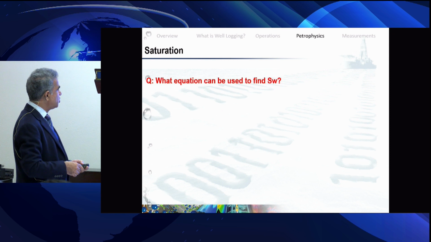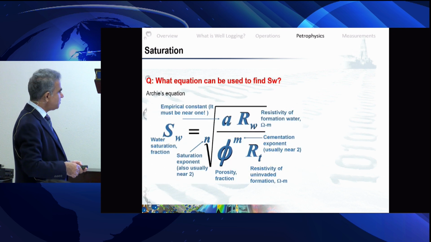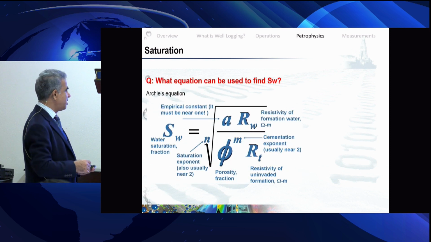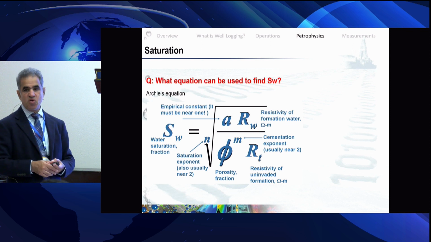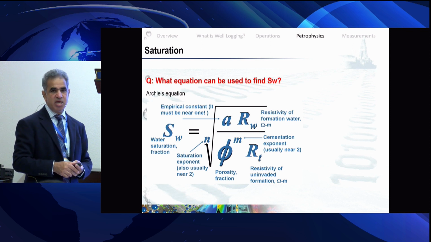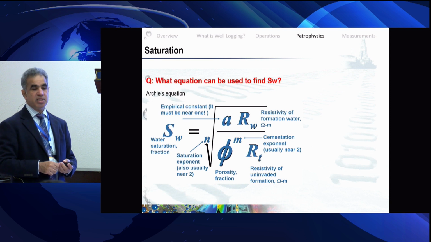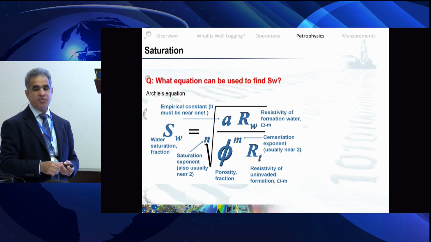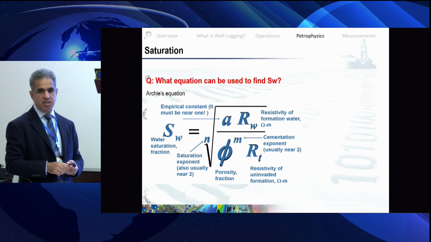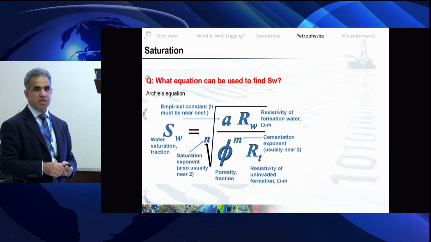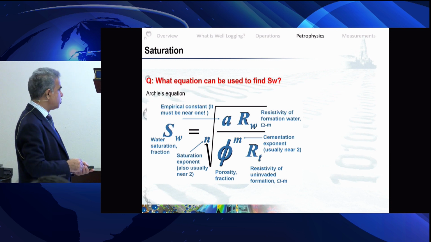What equation can be used to find SW? Very famous, Gus Archie coined this equation in the 1940s, and it is still being used with advanced measurement. Although different modified forms of this equation are available, the basic equation is still quite often used.